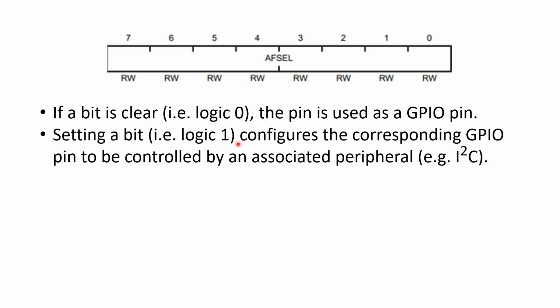If the bit is set to a 1, then you configure the GPIO pin for some other peripheral like I squared C or the test clock pin as we seen earlier. So if it's for GPIO use, we will set these bits to 0.